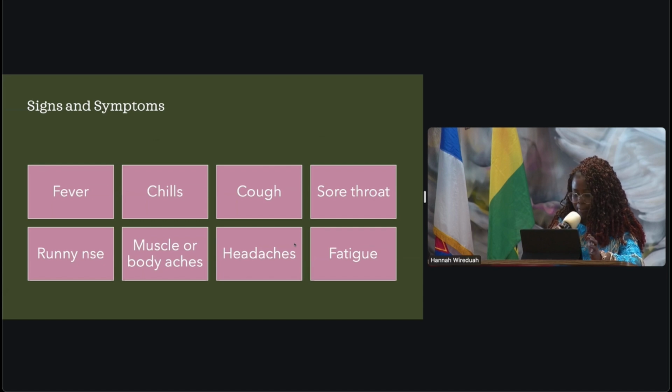These are some symptoms or signs of flu.